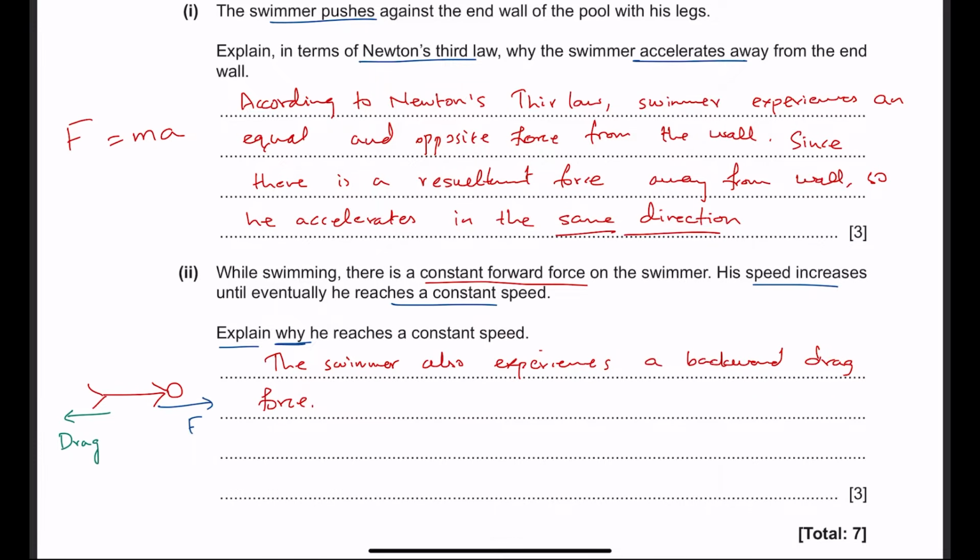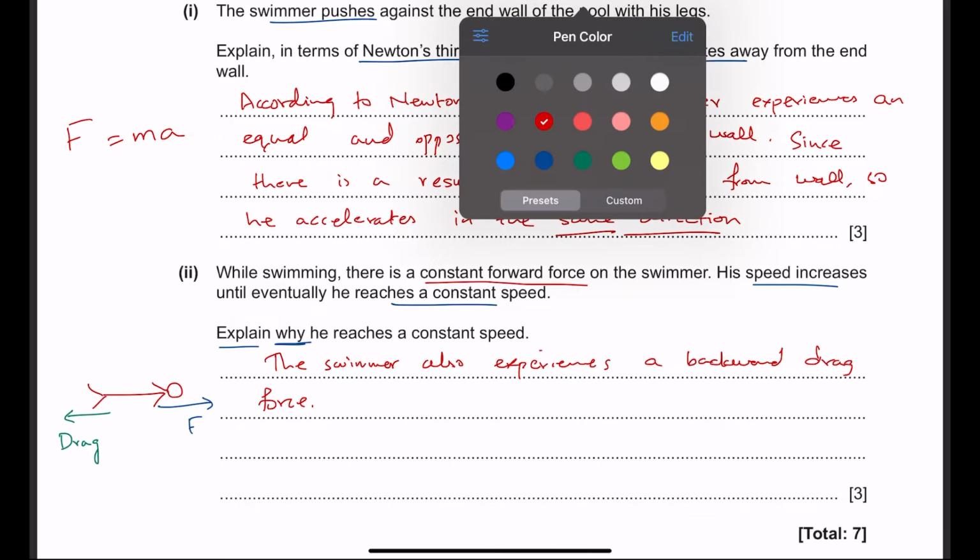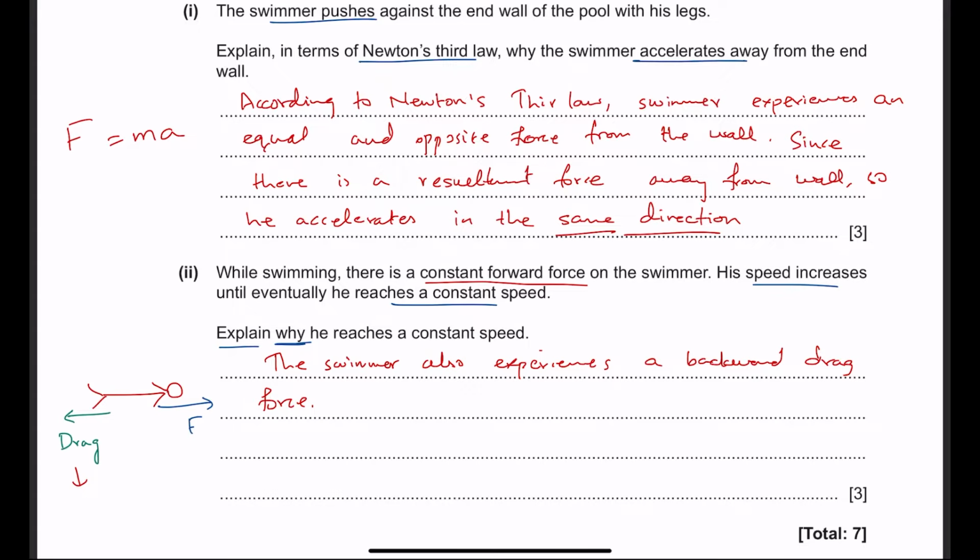There are 2 forces acting on him and they are in opposite directions. Now the thing with this drag force is that it increases with speed. If the speed is increasing, the drag force will also keep getting bigger and bigger. On the other hand, the forward force remains constant.